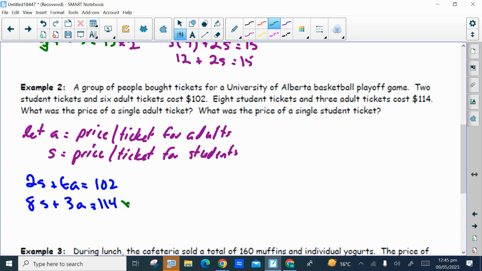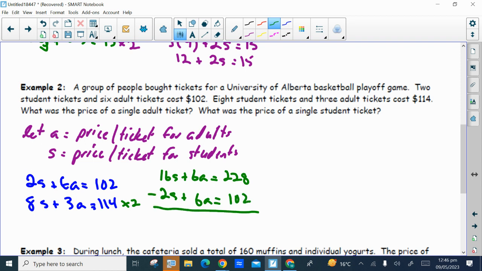I'm going to multiply the second equation by 2. So that'll give us 16s plus 6a equals 228. When I multiply all 3 terms of the second equation by 2, that's what we get. The first equation I will leave as is, because it has a 6a in there as well.